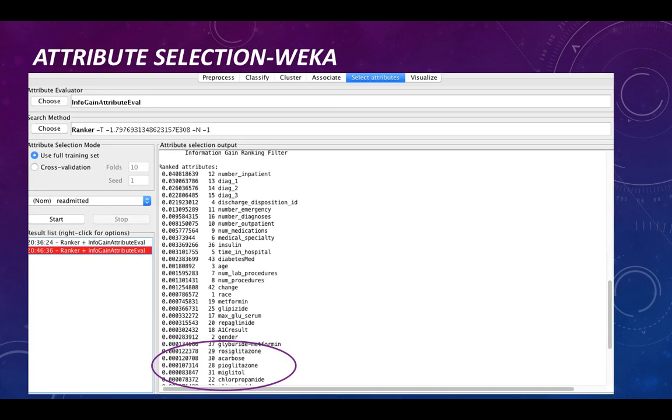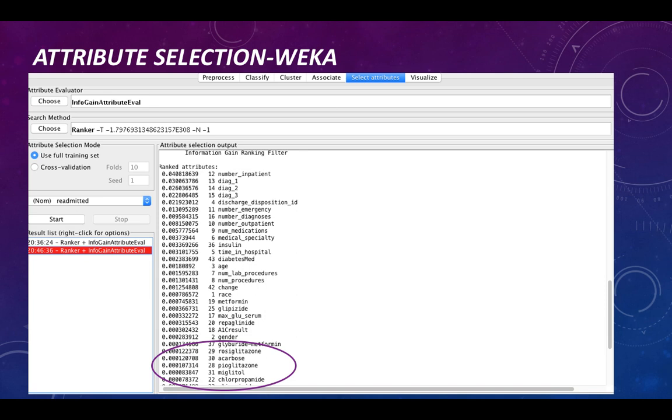The next step was the attribute selection. Since there were 45 attributes left after I excluded some of the IDs and the attributes with the missing values, I had to find out which attributes would be more useful in the analysis.